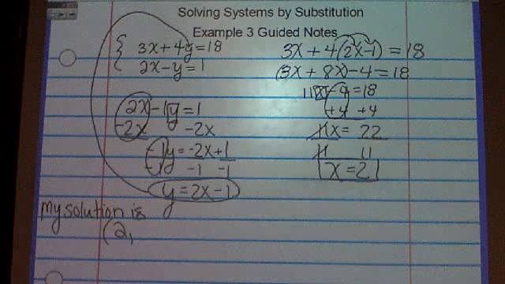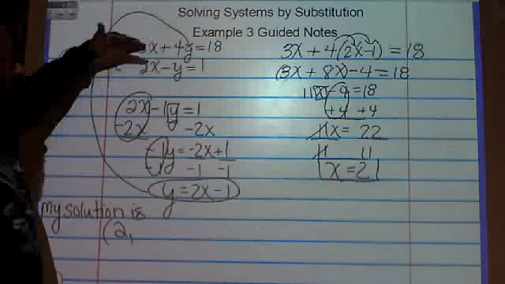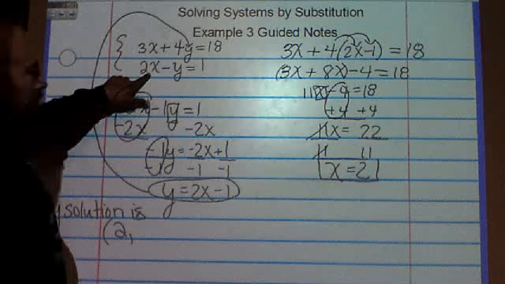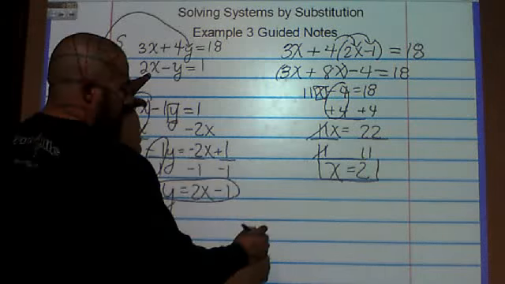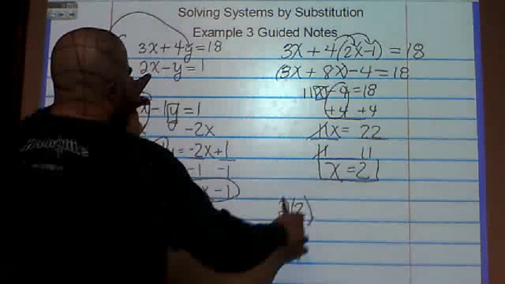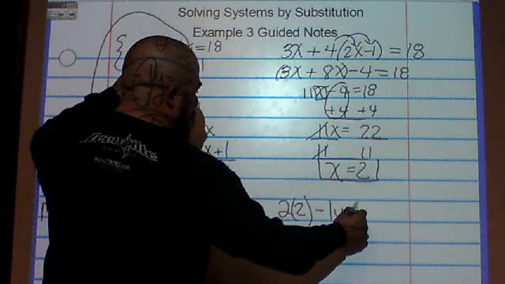Now, how do I go about finding the other value? Well, since I know x equals 2, and it doesn't matter which equation I use, I'm going to use this one because it looks a little bit easier. I'm going to substitute x equals 2 right there. So I have 2 times 2, because x equals 2, minus 1y equals 1.